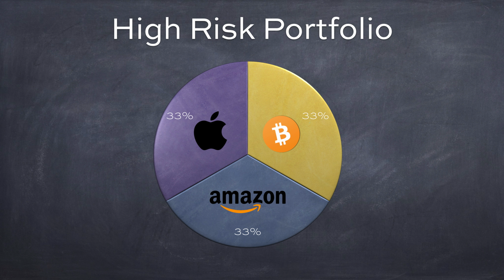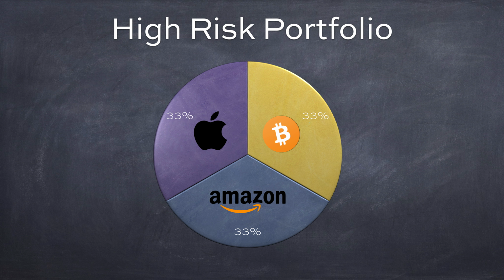And again, this is higher risk, higher reward, because if Bitcoin, for example, does very well in the next 5 years, then with your high risk portfolio, you're going to be very happy you had 33% on it. But let's say Apple does very poorly over the next 10 years, then it's going to hurt you. And again, it's all just about calculating and managing risk. So with high risk portfolios, you should know a lot about the assets you're invested in.